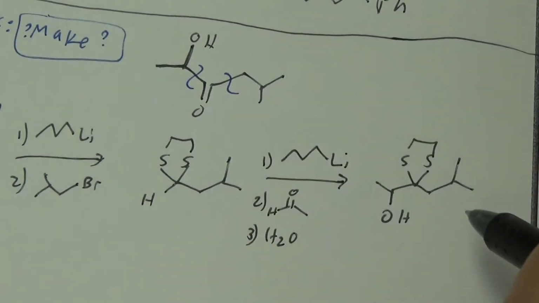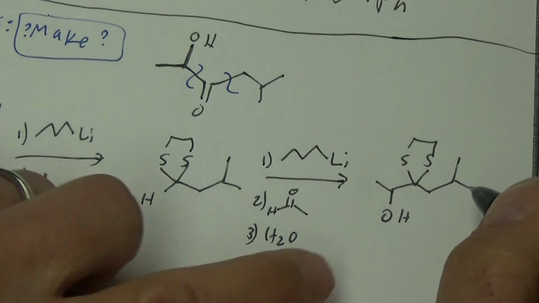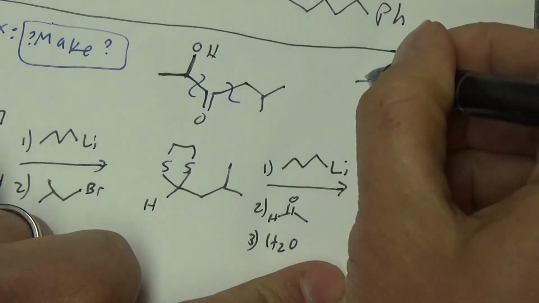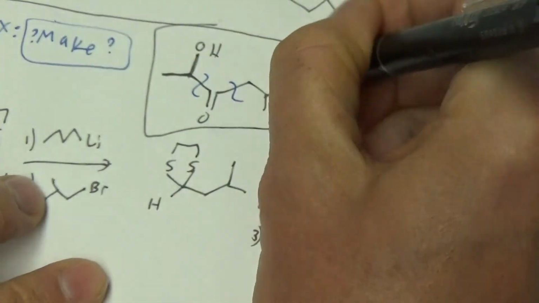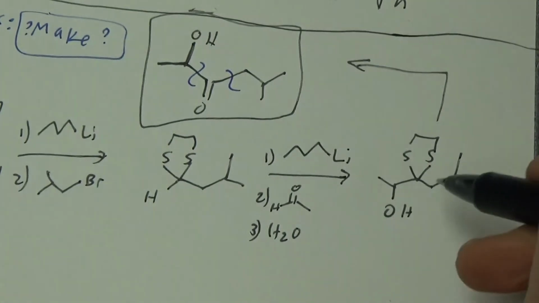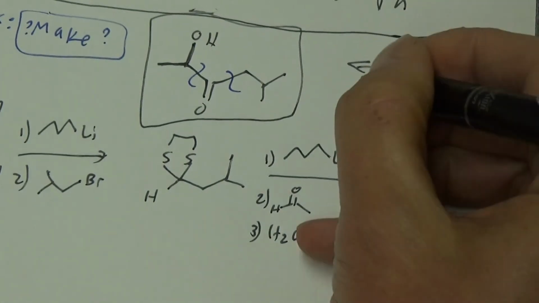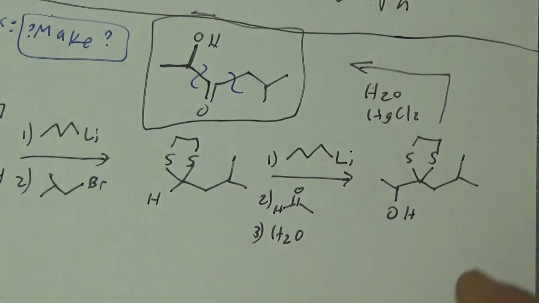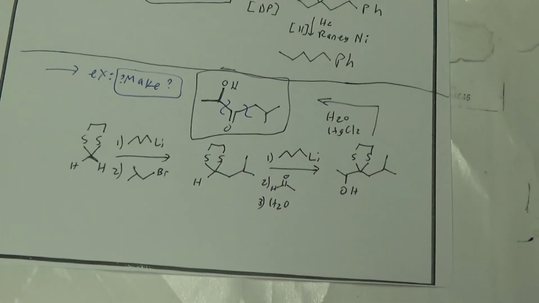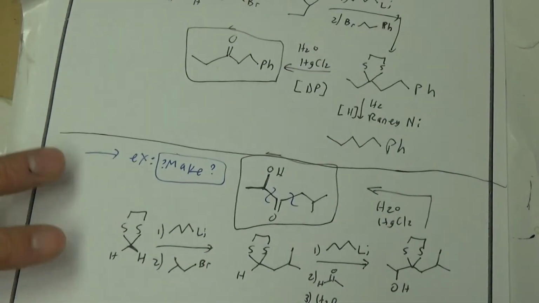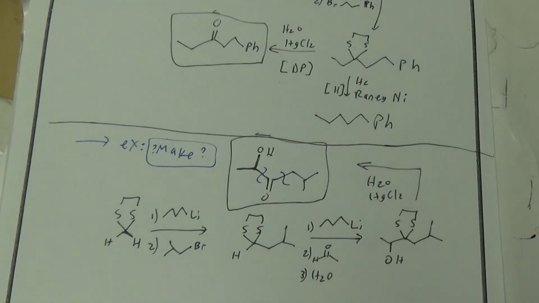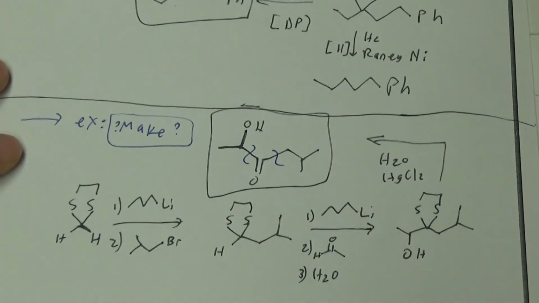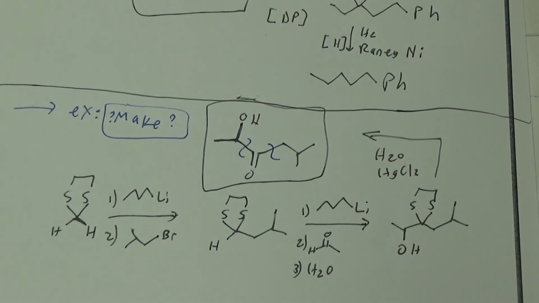It's all flipped over, but we're all good now. What do we do to finish this off, to give us our final product? We just deprotect off that thioacetal with water and mercury chloride. And that is our last reaction. Okay, just another example of using the thioacetal as an acyl anion equivalent.